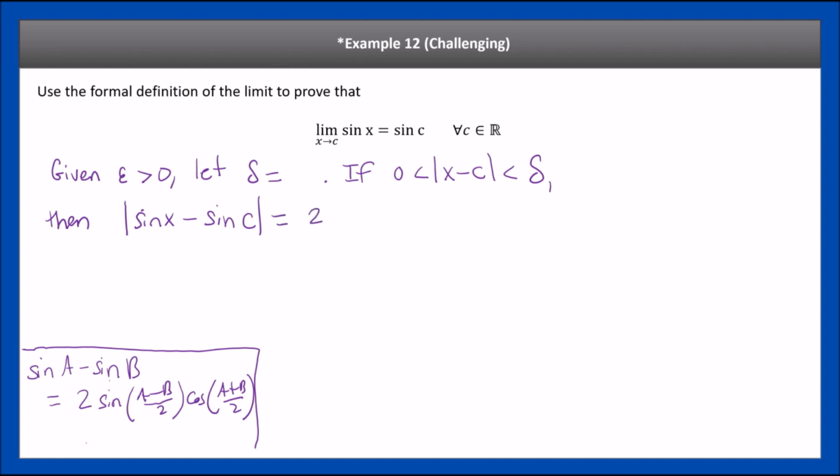In that case, we get the absolute value of 2 sine of, and in this case, A is x and B is c, so we get (x minus c) over 2, cosine of (x plus c) over 2. All right, and like I said, it's very useful having a product because now I can put the 2 out there and then just focus on the absolute values separately of the sine and the cosine.